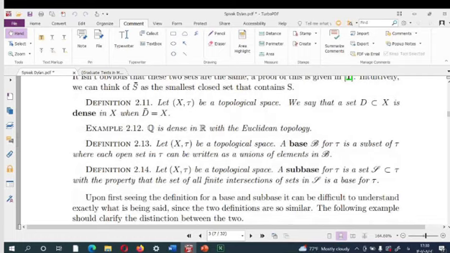We say that a set D is dense in X whenever the closure of D is equal to the whole of X. Then we say that D is dense in X.